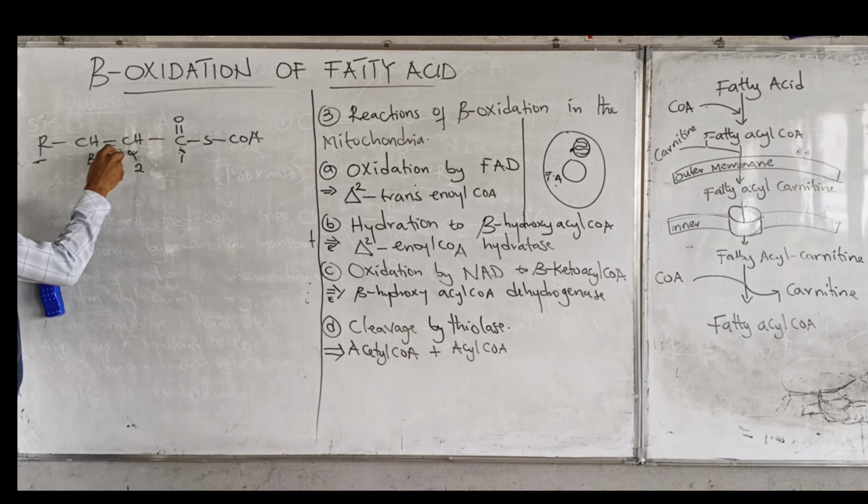Now, oxidation by FAD, what we've said so far, the first step in beta oxidation is what? The first step is activation of fatty acid to what? Fatty acid CoA. Then after that, we need to transport the fatty acid from the cytosol to the mitochondria, right? But we said it cannot pass.